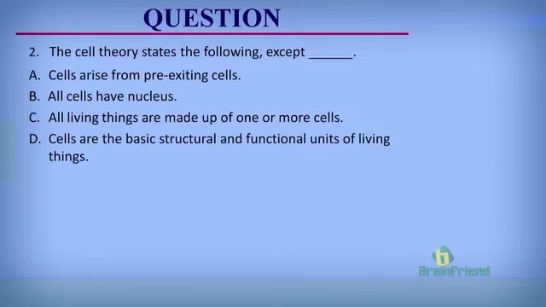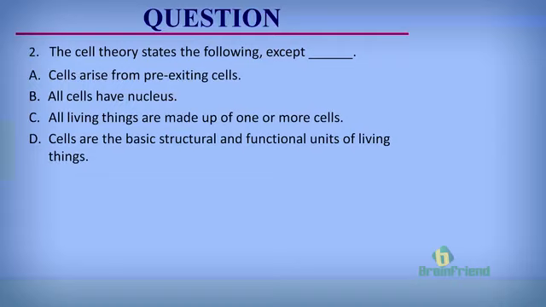The second question: the cell theory states the following, except what? The three important statements in the cell theory are: A, cells arise from pre-existing cells. B, all cells have a nucleus. C, all living things are made up of one or more cells.